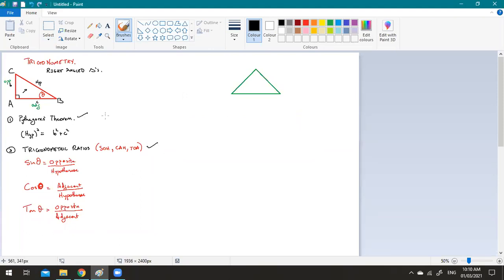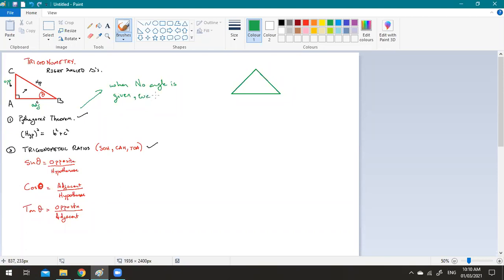When do you use Pythagoras theorem? We use Pythagoras theorem when no angle is given, and we want to find one side.